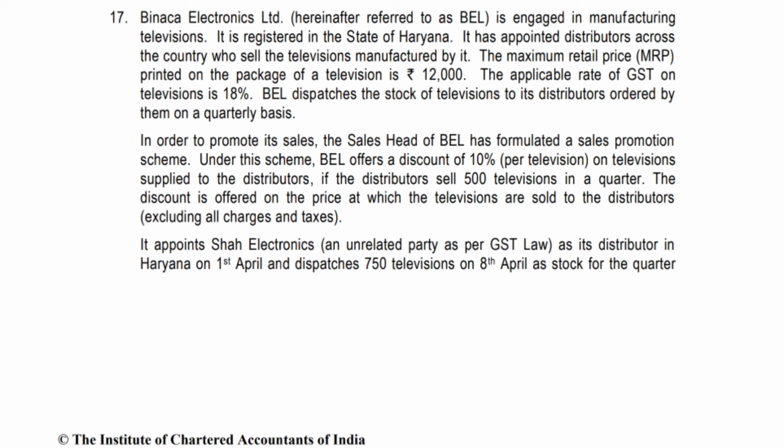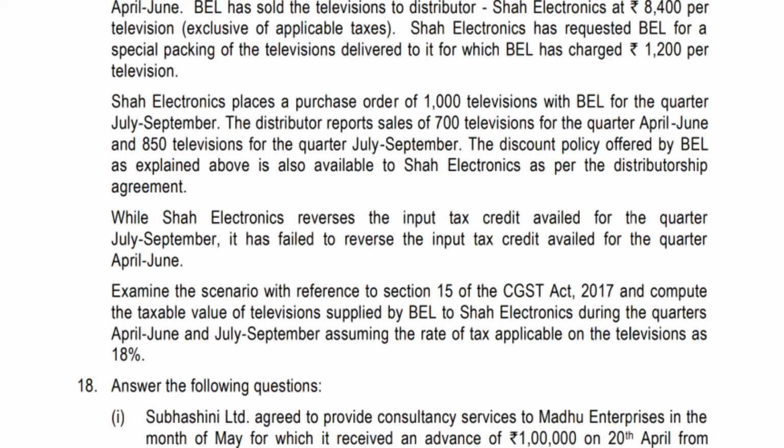It appoints Sa Electronics, an unrelated party under GST law, as its distributor in Haryana on 1st April and dispatches 750 televisions to Sa Electronics on 8th April as stock for the quarter April to June. Now BEL has sold television to distributor Sa Electronics at 8400 per television, exclusive of taxes.